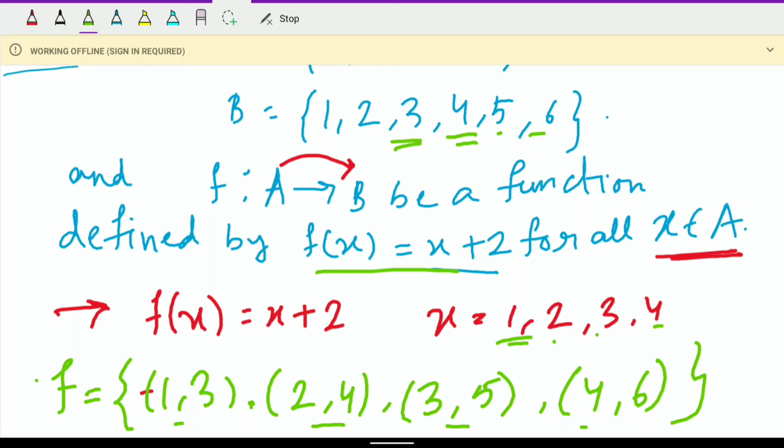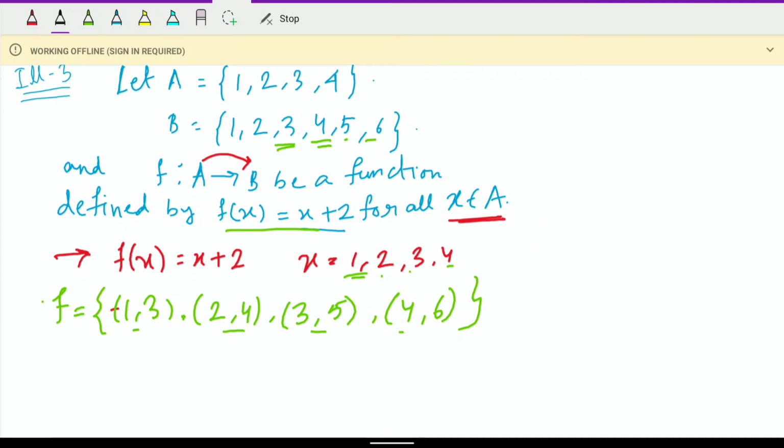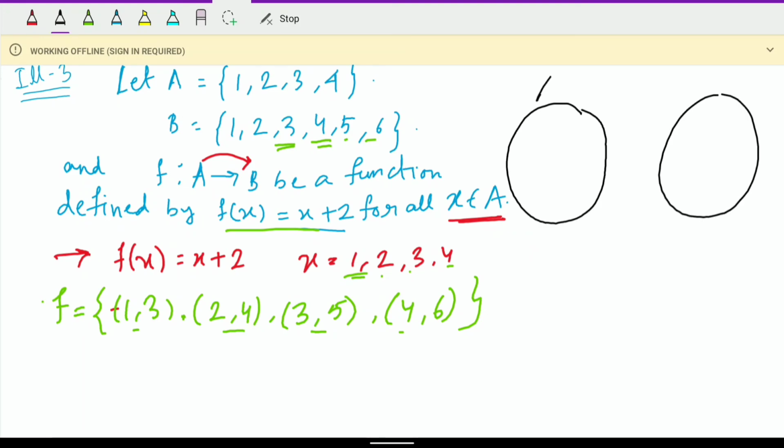So okay, let me draw a figure here. So here it's A and B, and f of x is x plus 2. Now here the elements of A are 1, 2, 3 and 4, and we already observed that each element creates one image under f.